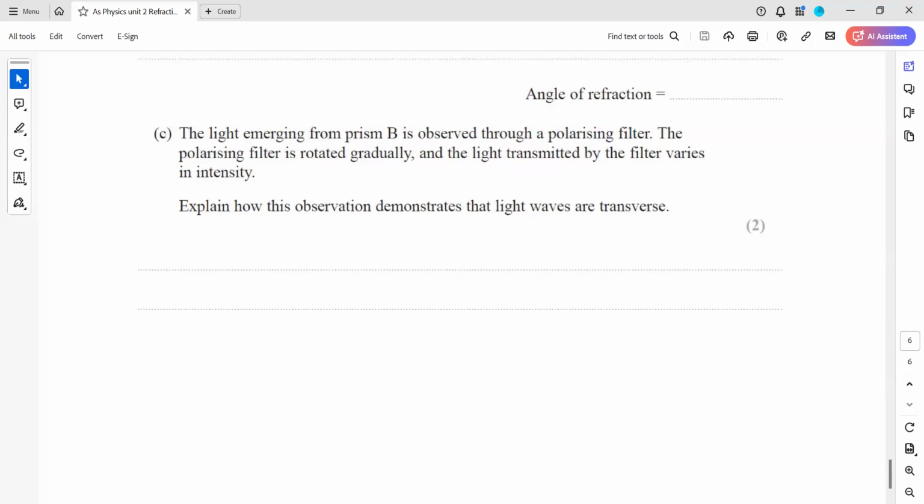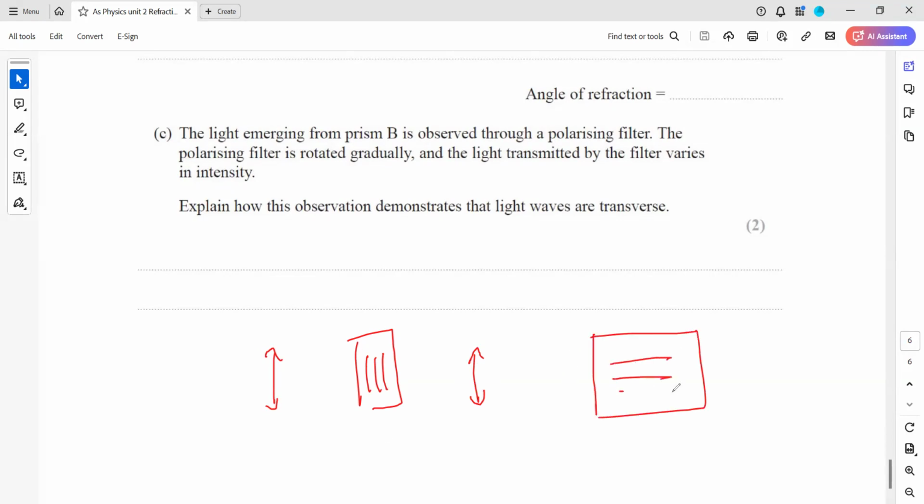So light was transverse, because what actually happened is that the light emerging out, when we place a polarizing filter, if the planes are parallel, it allows the light through. But if we rotate the polarizing filter, then there is no light. So this gives an idea that the light emerging out is polarized light.